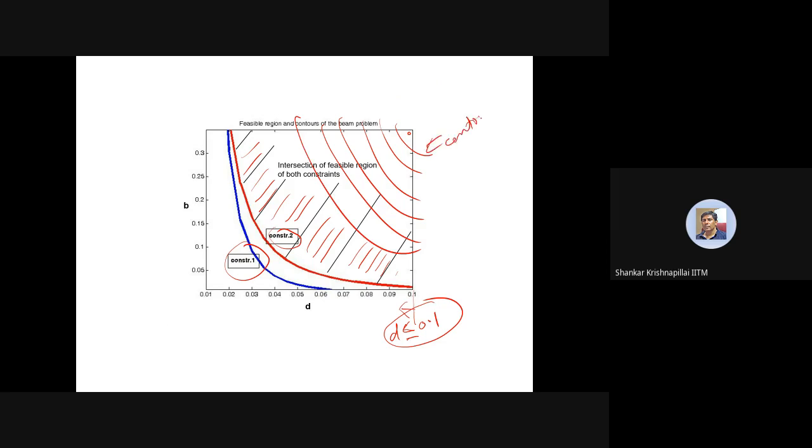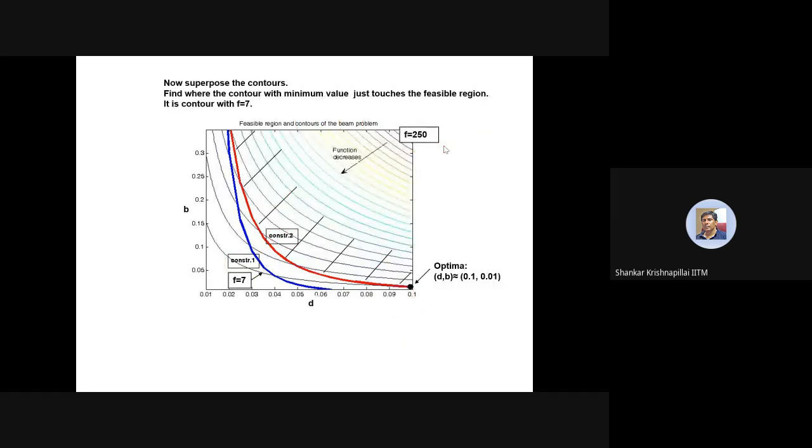So now we have to draw the contours of objective function. Contours we have to draw like this. So this is the contours of objective function. F is equal to 250. That's the maximum weight. 250 kilogram or something is the maximum weight, and the weight decreases.